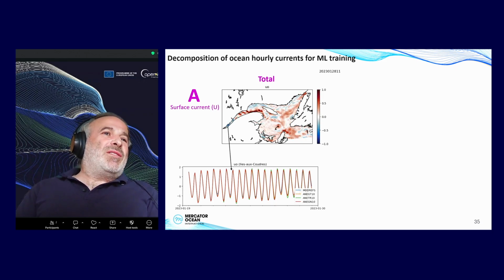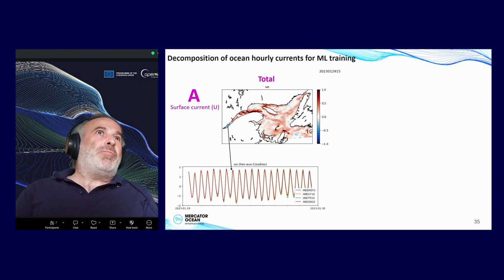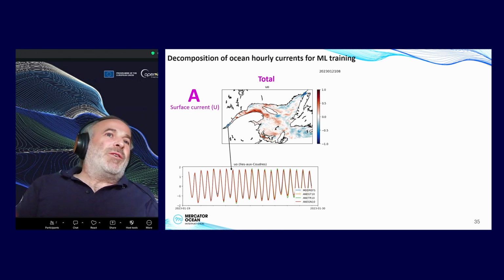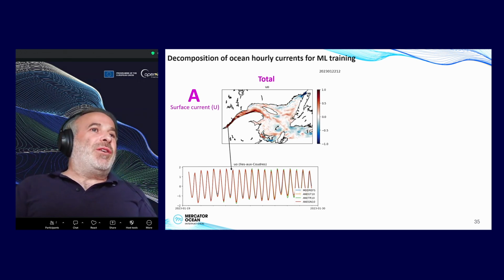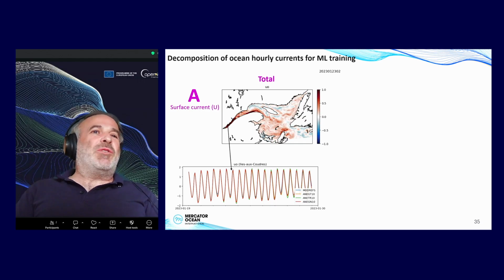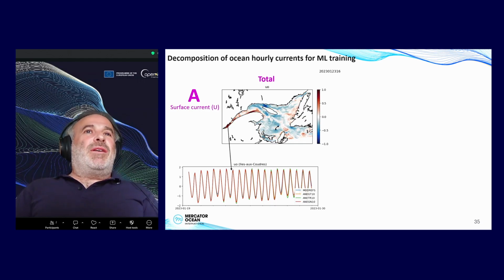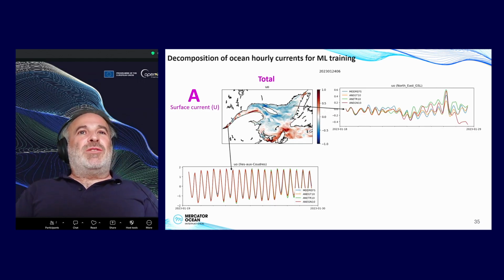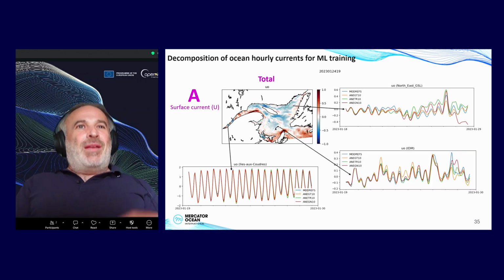What I mean by that is that in the top of the estuary here, you'll have more barotropic current in the sense that it's close to the vertical average. You can imagine the water column moving up and down. And here it's a larger, close to 2 meters per second amplitude.